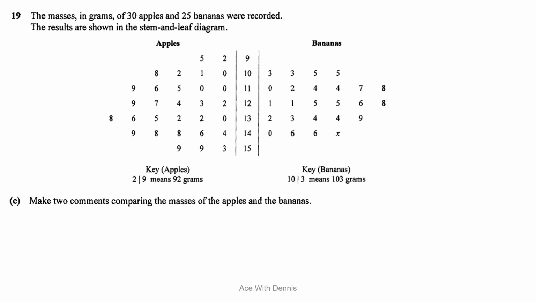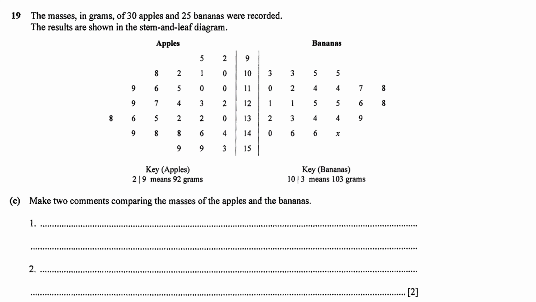C. Make 2 comments comparing the masses of the apples and bananas. 2 marks. So usually, we want to comment 2 points between 2 different data. We have to compare their median and also their range.